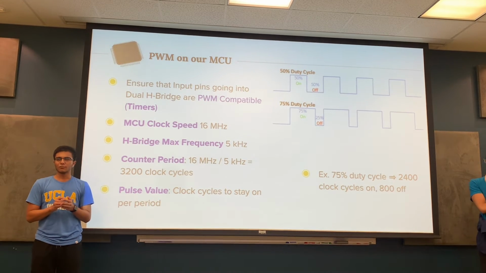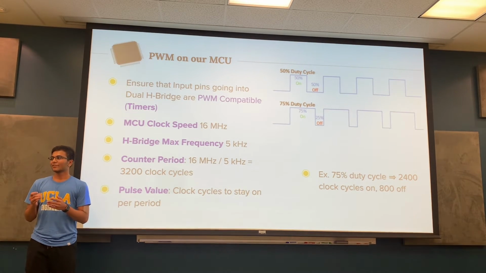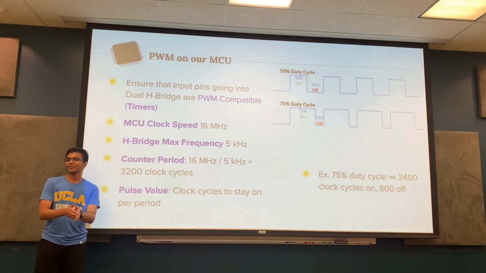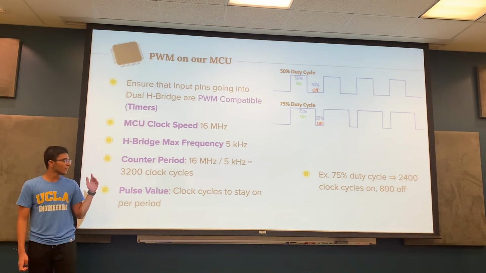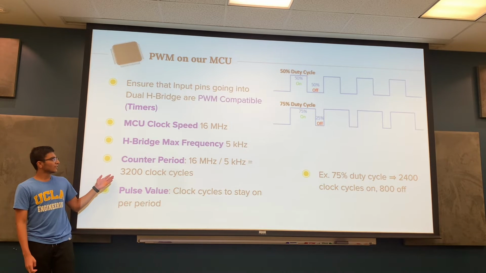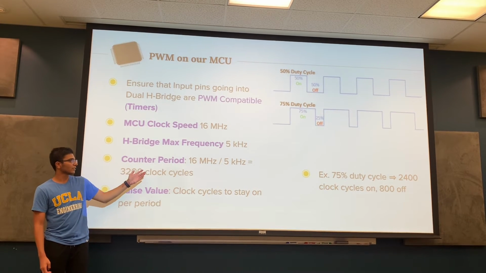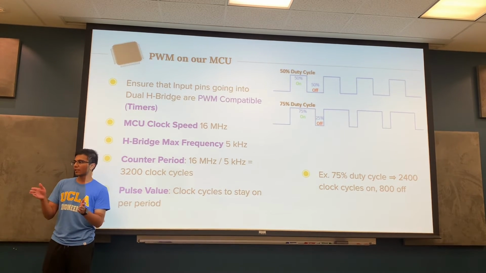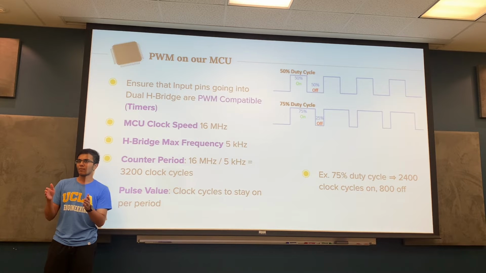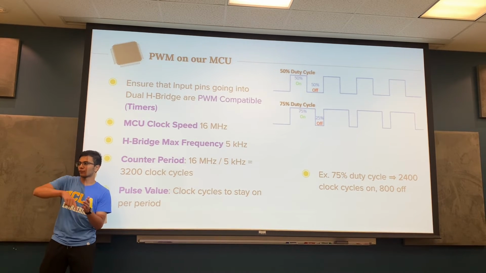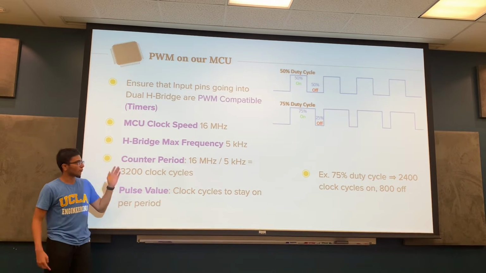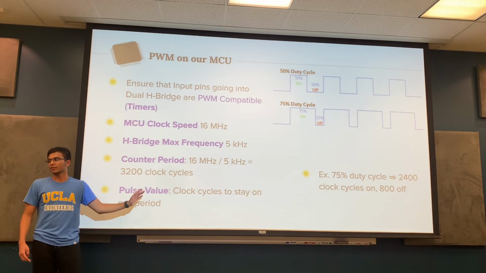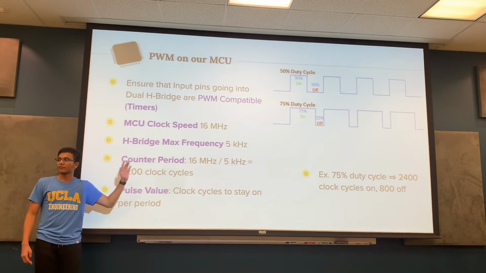We can't send all 16 million pulses because the H-bridge won't be able to handle it. So instead, we divide 16 million by 5,000 to get 3,200 clock cycles, which is the amount of time the microcontroller takes as one full period. One full on and off is 3,200 clock cycles, so that it matches the 5 kilohertz frequency of the H-bridge.